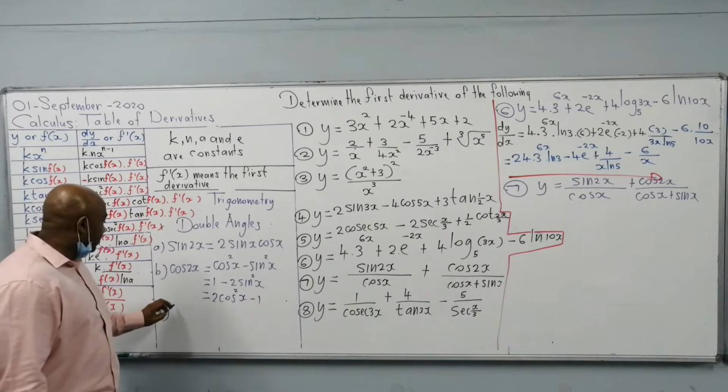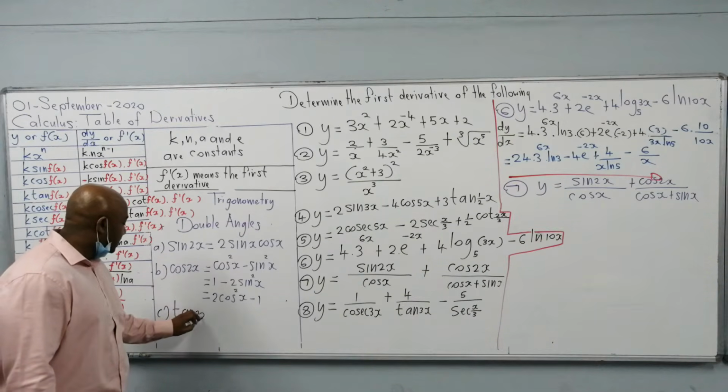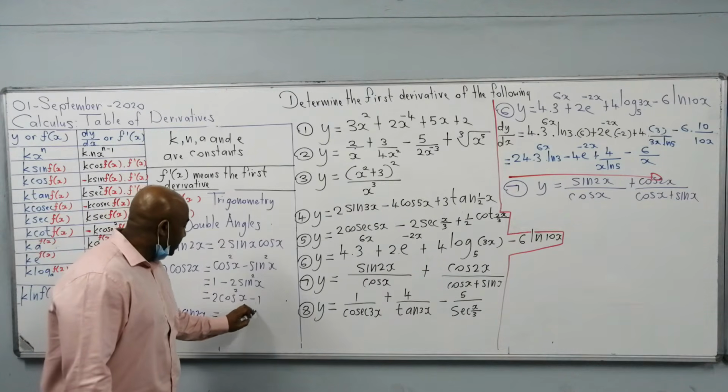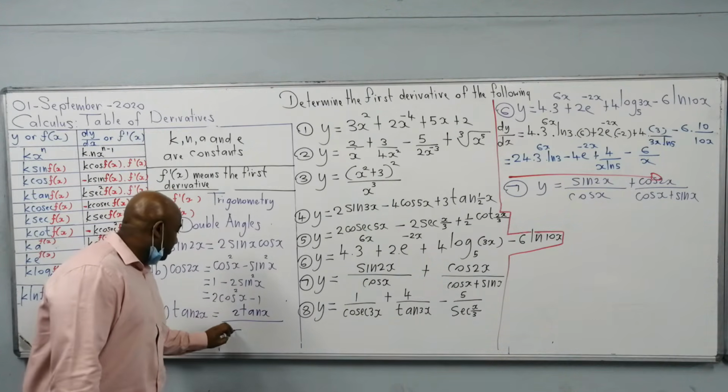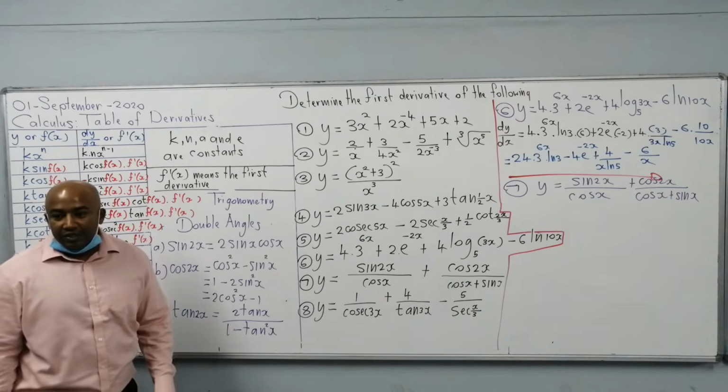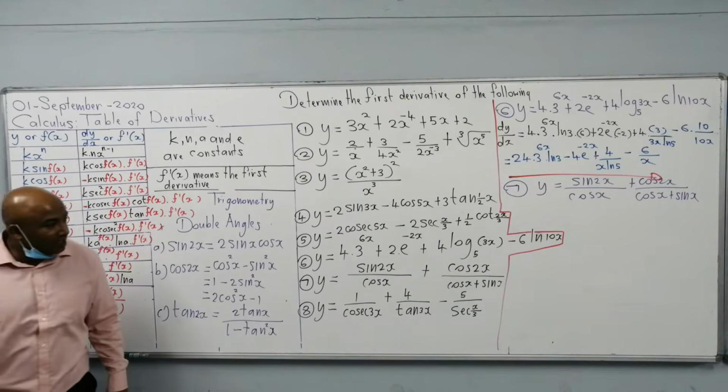And then we also have a formula for tan 2x, which is going to be 2 tan x all divided by 1 minus tan squared x. Right, so those are the double angle formulas from trigonometry.